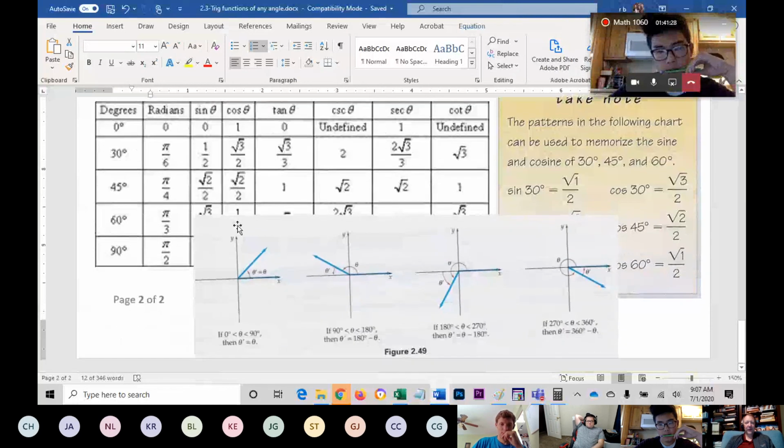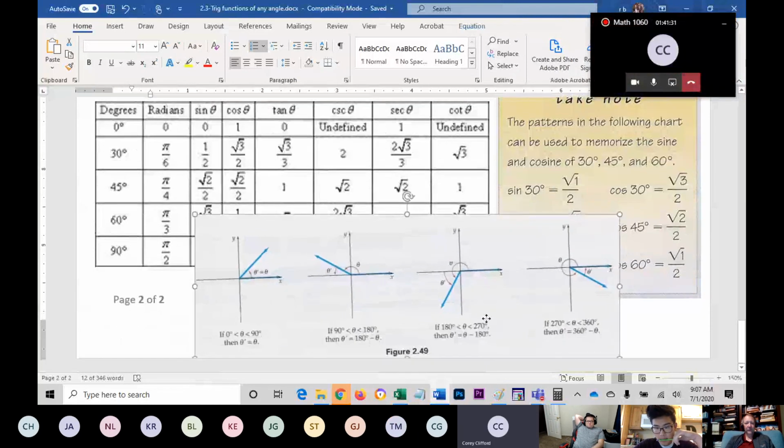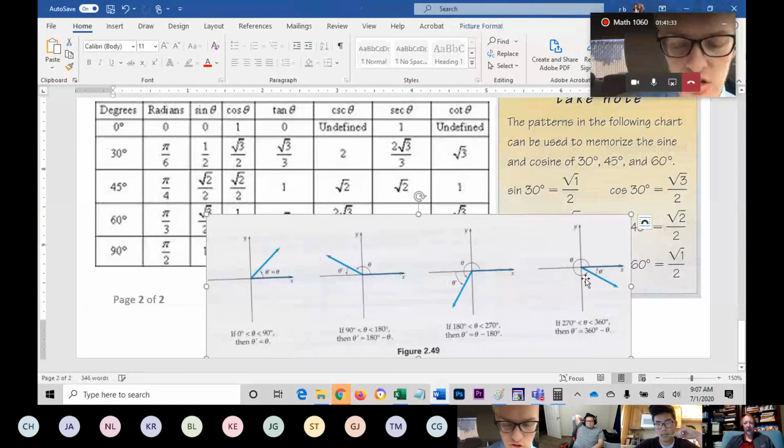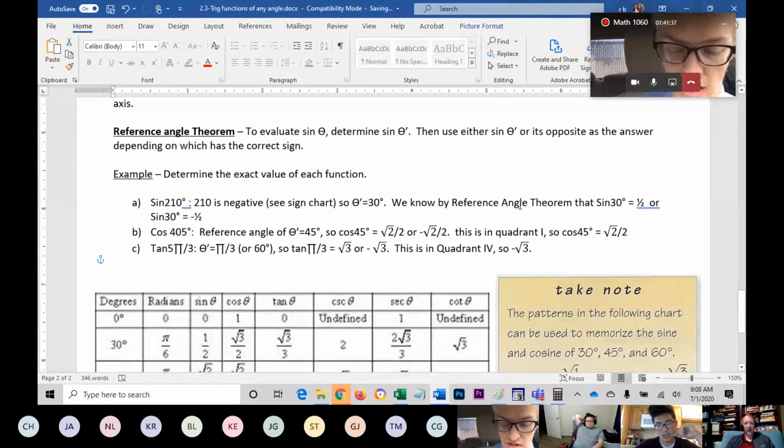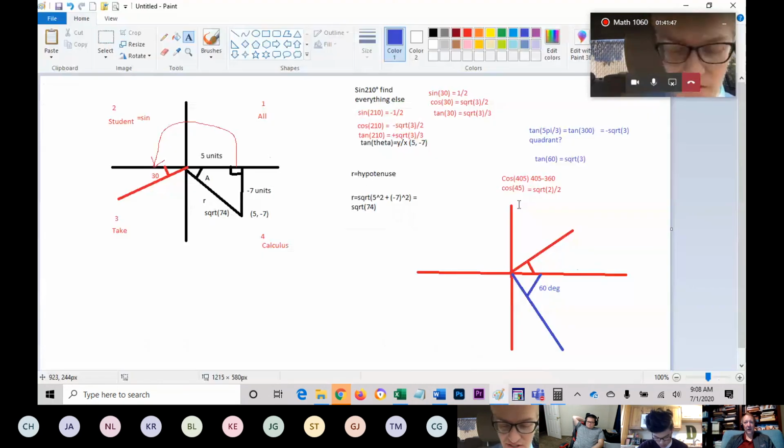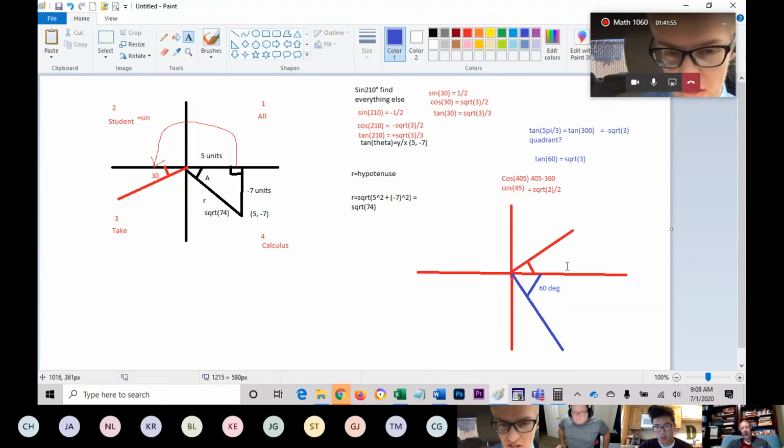I have a quick question. On that last one with the tangent, why is it that we looked at the 60-degree angle, but with the cosine of 405, we were looking at the part below the angle, closer to the axis? Yeah, it is a good question.